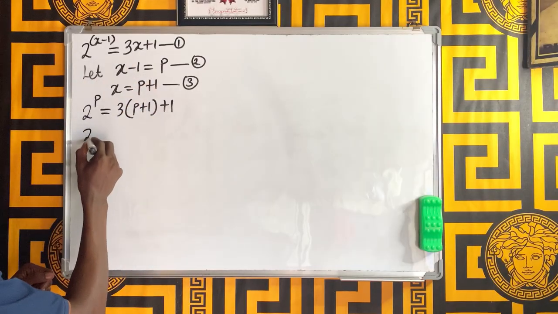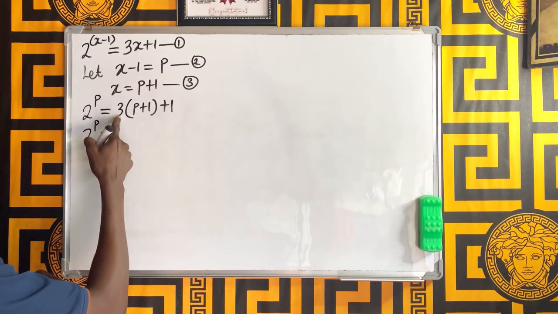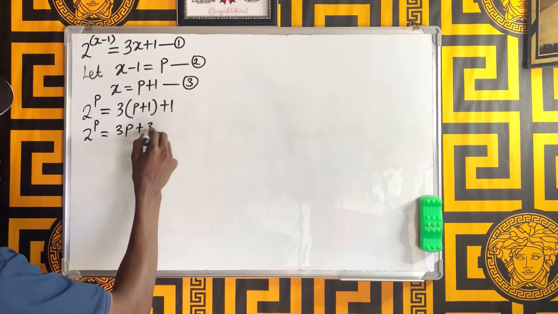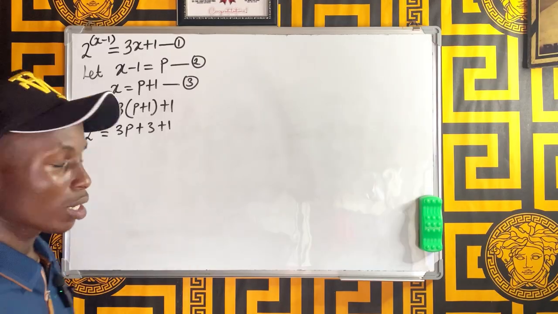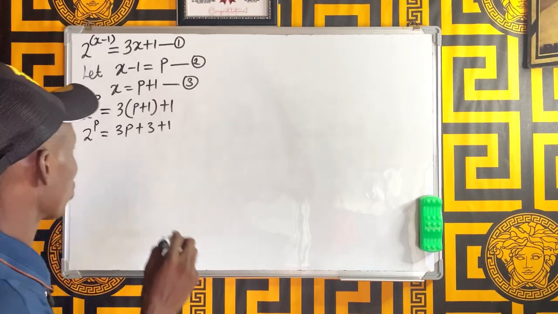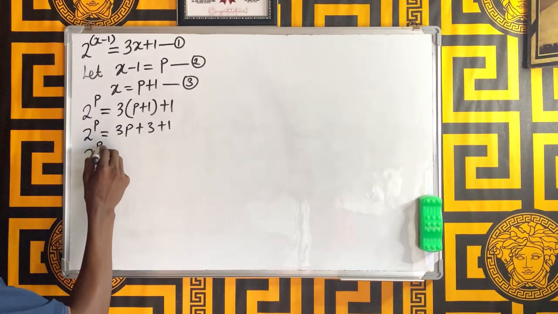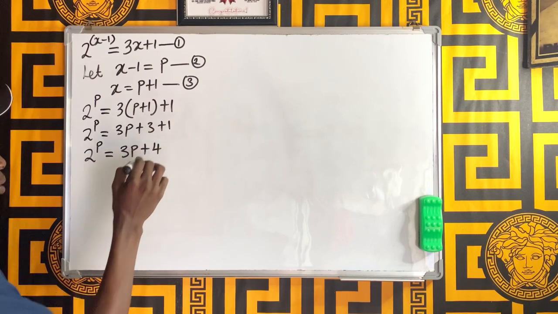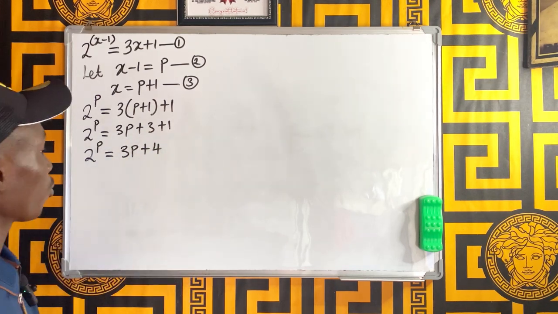So 2 raised to p is equal to 3p, 3 times 1 is 3, plus 1, and 3 plus 1 is 4. So 2 raised to p is equal to 3p plus 4.